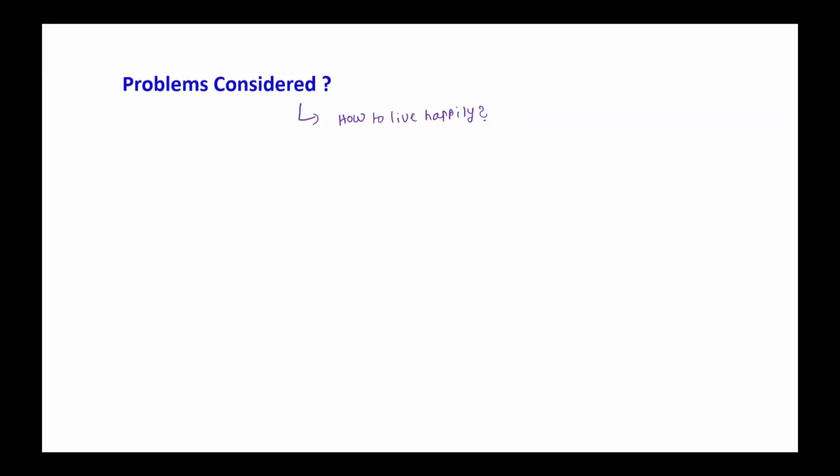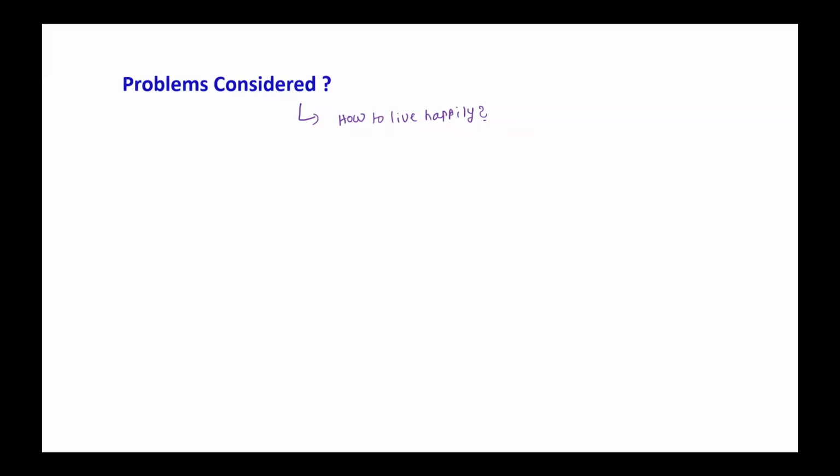Does it work for everyone? Is the procedure this: study well, get a job, get a nice handsome salary, then go for marriage, and after that you will be happy with your parents and children throughout your life? Are we going to solve this type of problems? No, sir.